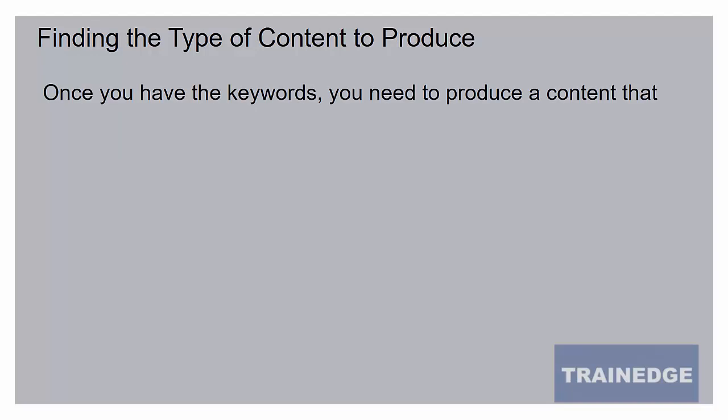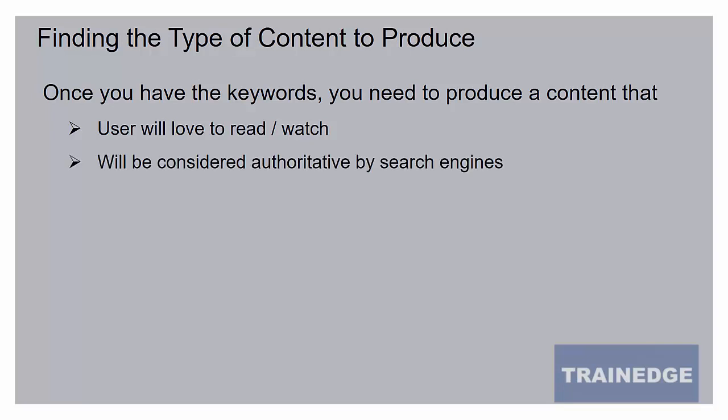Let us go a little deeper to understand the type of content that you need to produce. Once you have the keyword that you want to target, then you need to produce content that users will love to read and watch. If it is video, they watch it. If it is a blog, they read it. In addition to users loving to read and watch, the search engines must also consider that content to be authoritative, having good, high quality information.